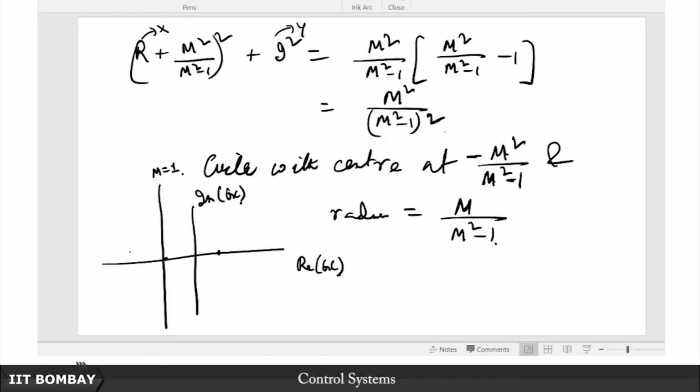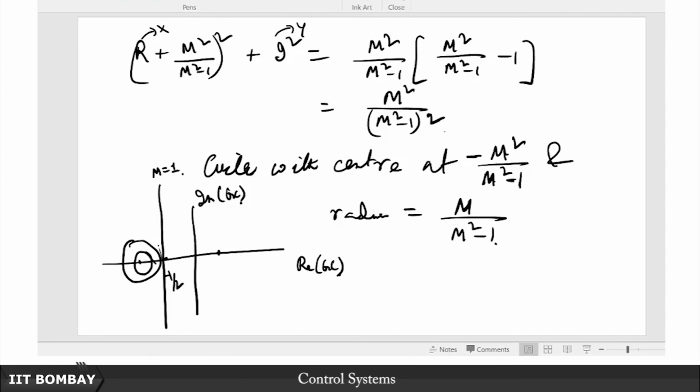I am just wondering what happens at m equal to 1. Of course, they should not intersect, because the loci should be disjoint. So you will see that these are going to be your different circles. This is one of your circles, this is another of your circles.